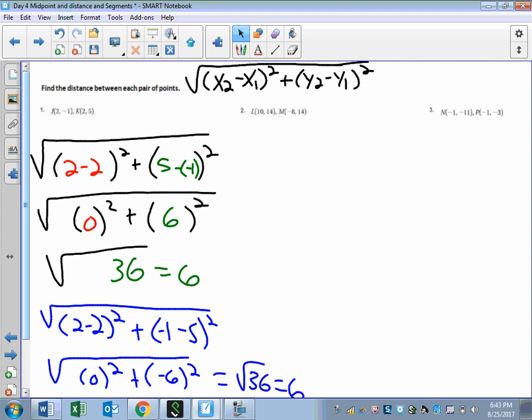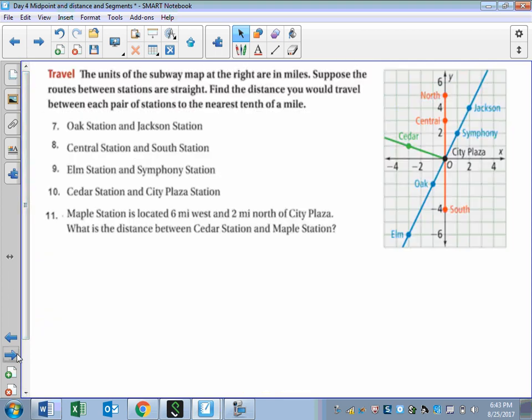Now, I think you guys can do the rest of this on your own. I want to go to the last page and just give you some hints. The thing that you need for the map is that you have to figure out the coordinates. And once you figure out the coordinates, you could find the distance, because the question is find the distance. So if we look at number 7, Oak Station is on the blue.